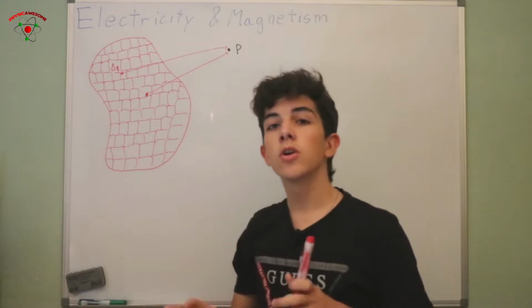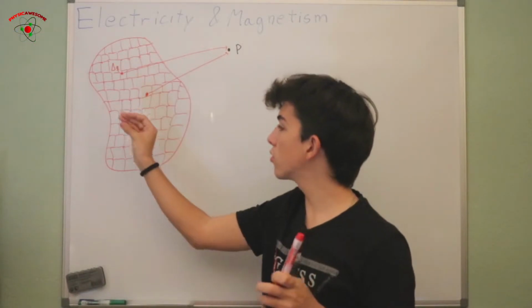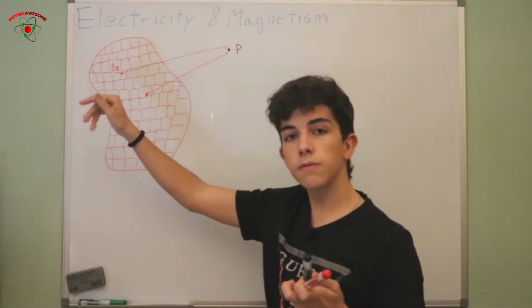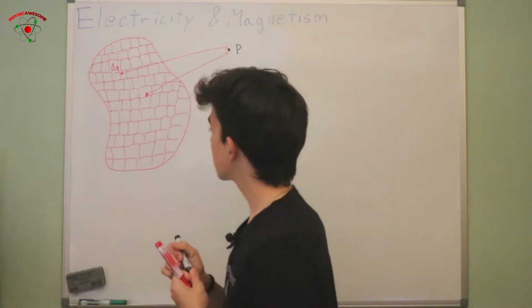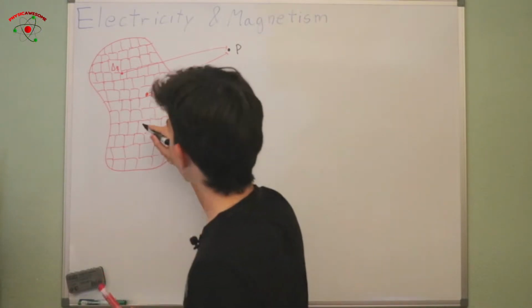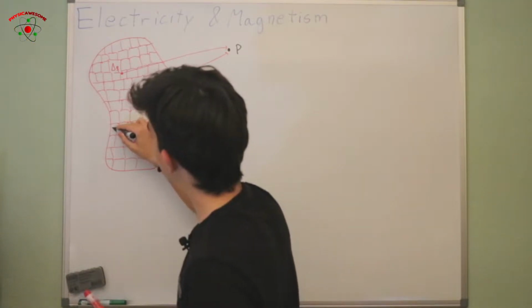Great. Now we will need to number or in some way label all of these small elements, and we are going to do so by putting numbers.